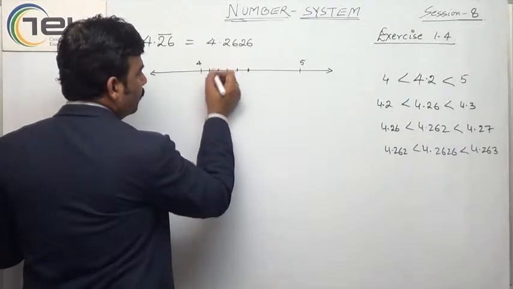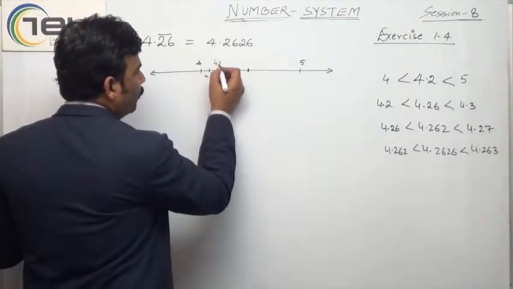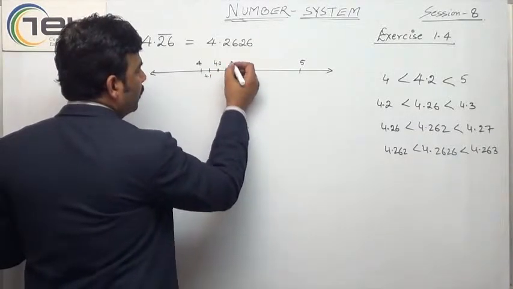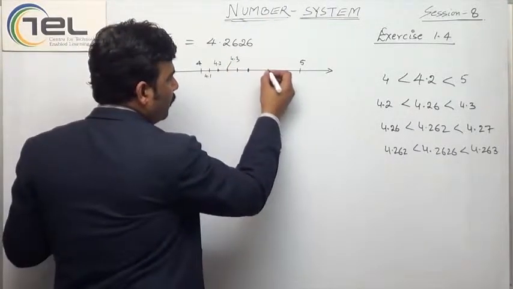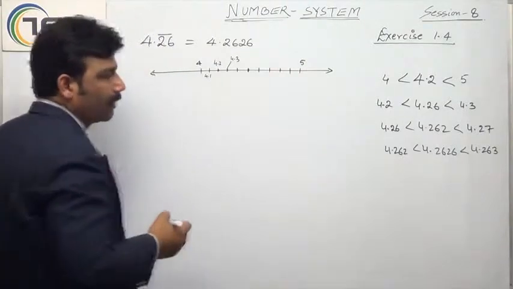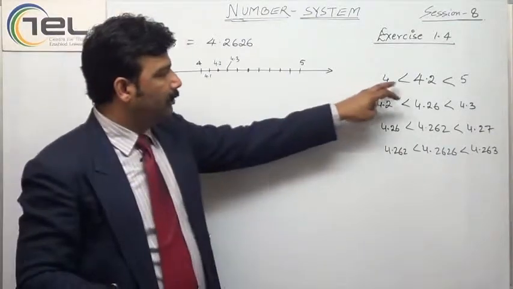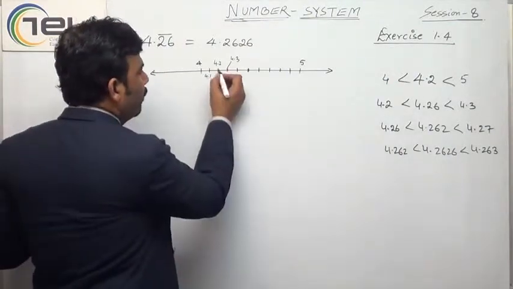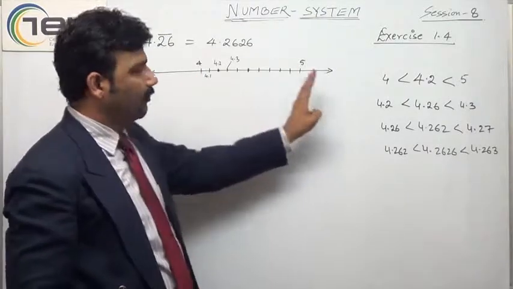This is 4.1, this is 4.2, and this one is 4.3. So first we marked 4.2, which lies between 4 and 5.